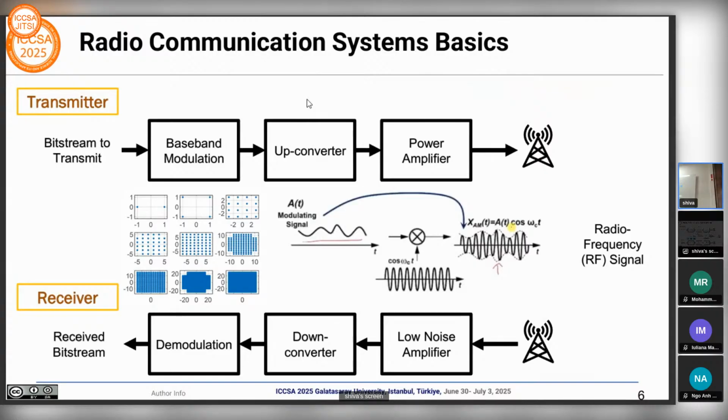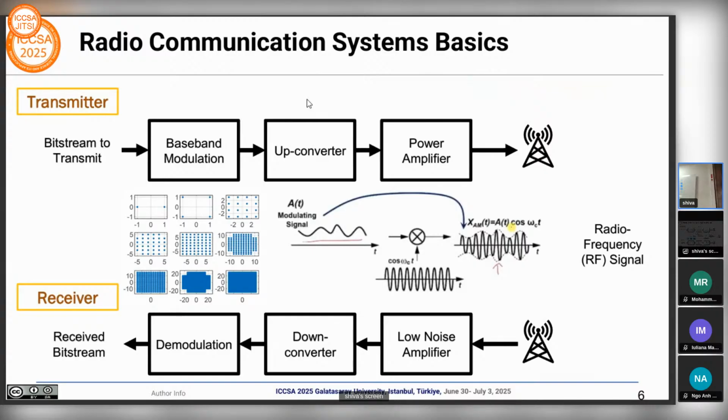Of course, this is not ideal. There are impairments, there are imperfections. On the receiver side, the opposite operations are performed, and again, there are also impairments, there are imperfections in the systems, and those imperfections are responsible for most of the processing in telecommunication systems.